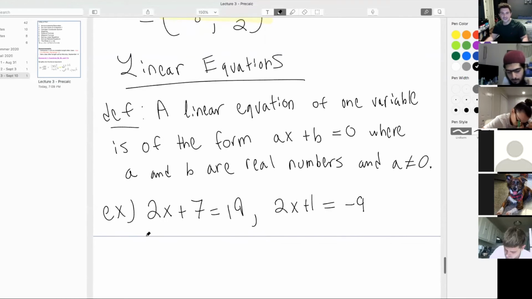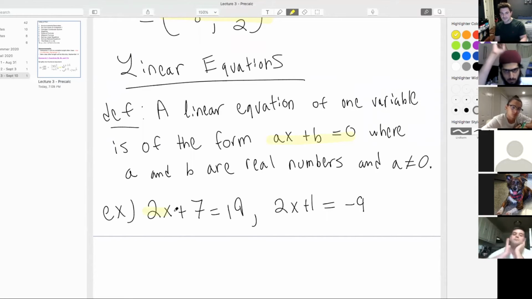One should notice a difference between the definition and the two examples. The definition is of the form ax plus b equals 0, but my examples don't look like that. Why are they the same? Can anyone tell me why the examples are in the correct form?